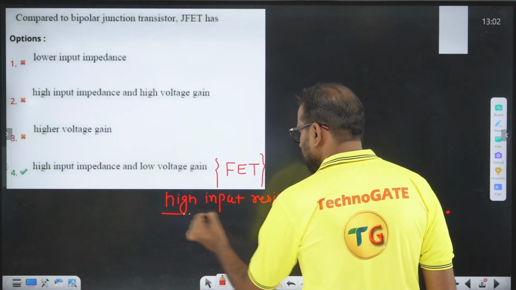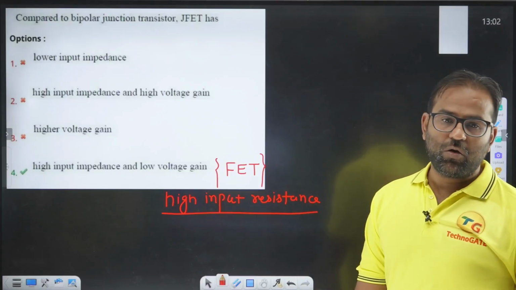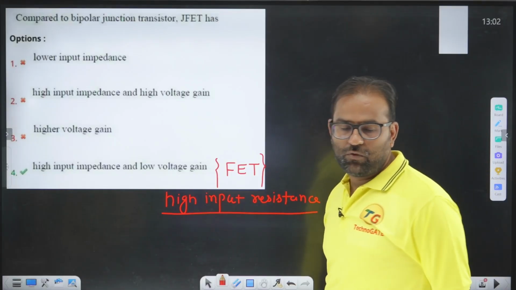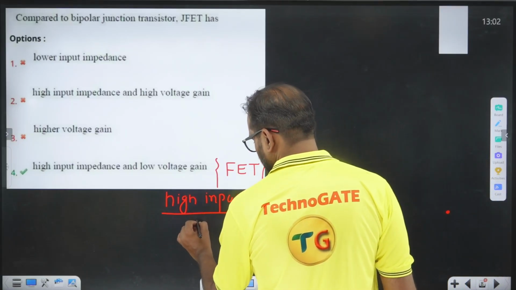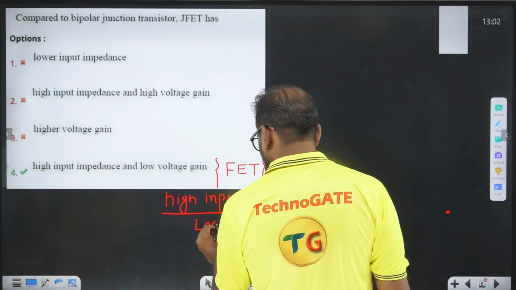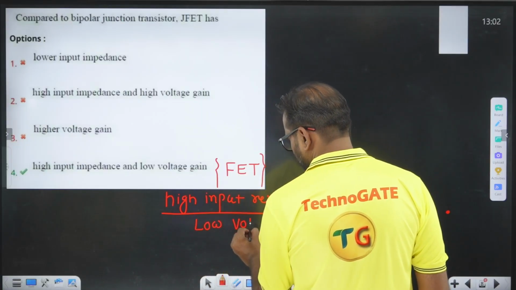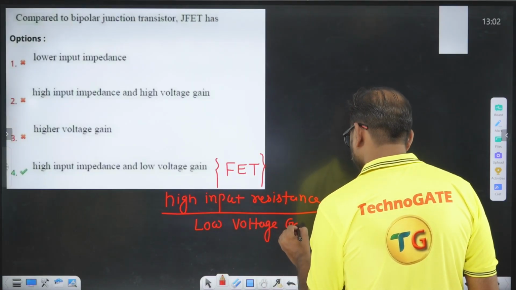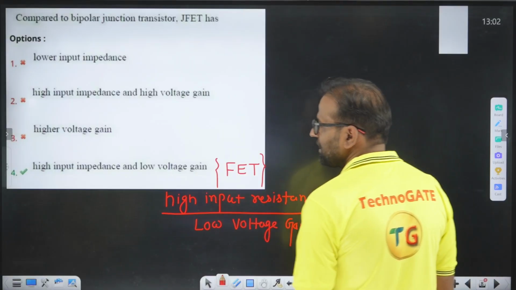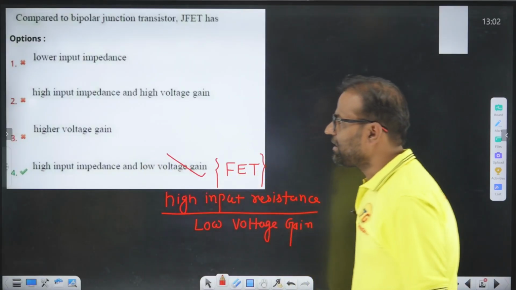All FET devices have high input impedance, but all have low voltage gain. The voltage gain is the highest for what? BJT. So which option is correct here? The D option is correct here.